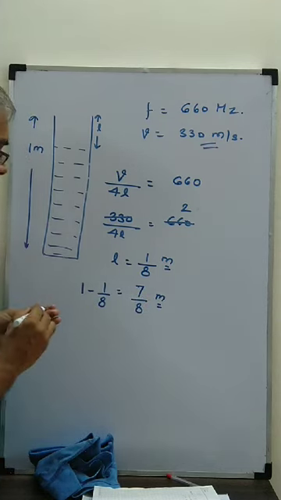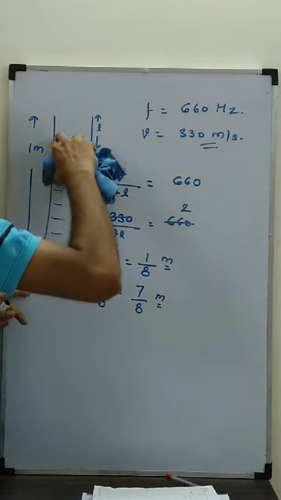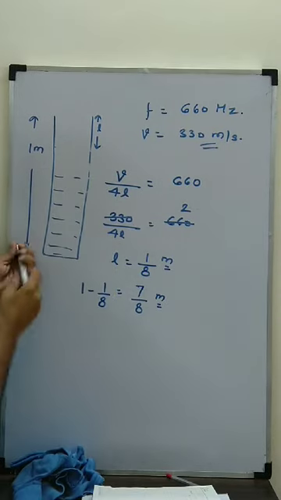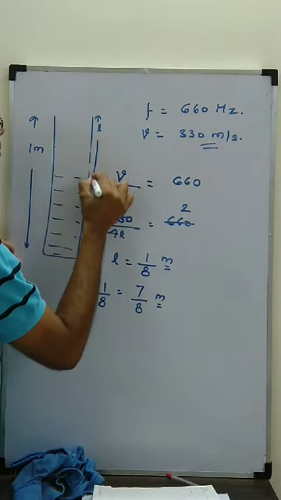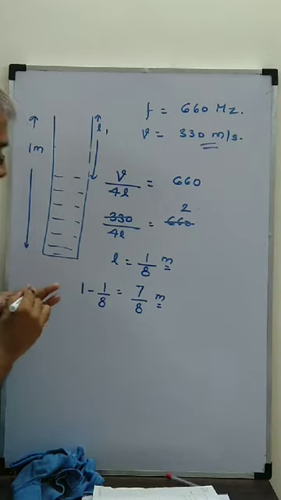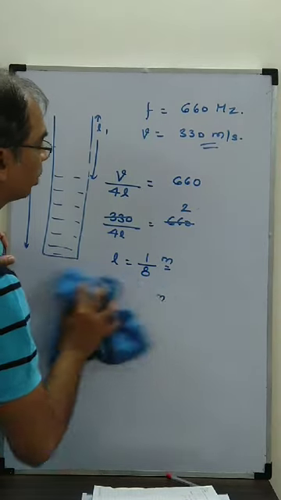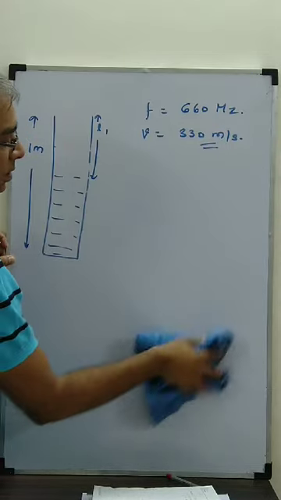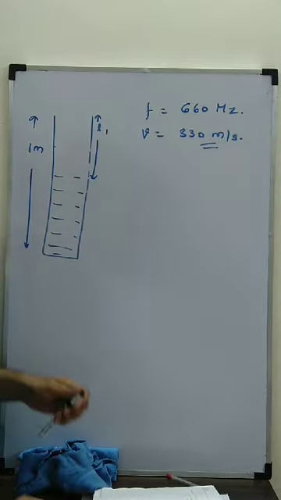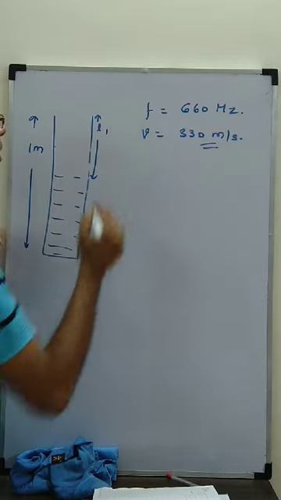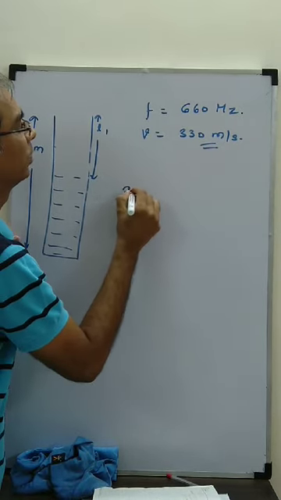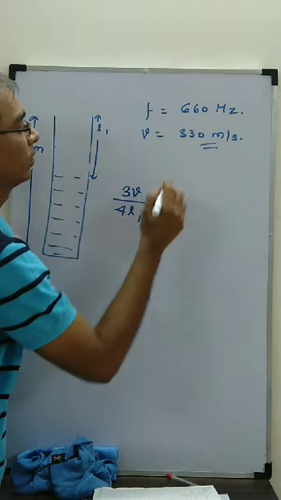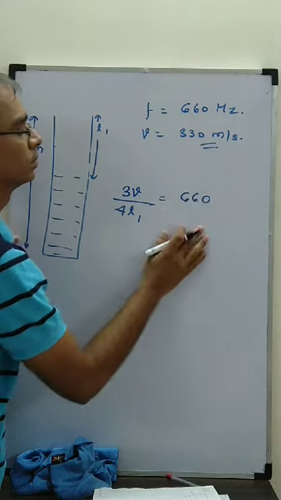Then the next one. Now we have taken a little more water out, and the length is something like L1. In this case, we are going to search for the second frequency. The second frequency means the first overtone, or third harmonic. So 3V by 4L1, third harmonic, equal to 660 Hertz only.